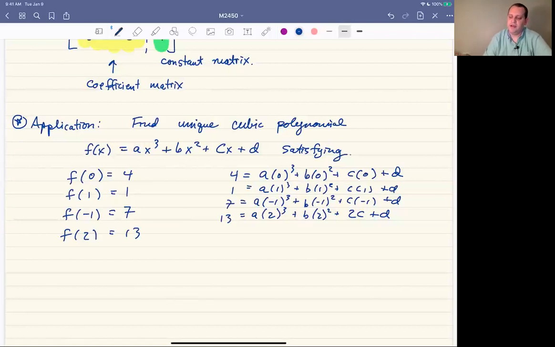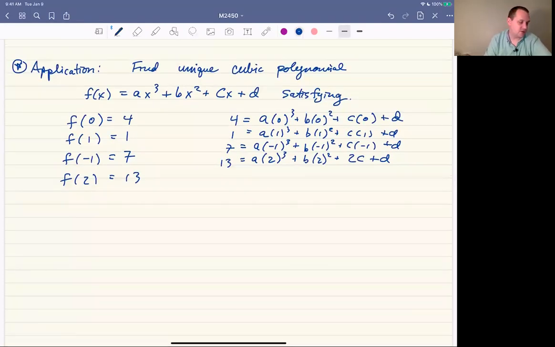Yeah, and so what's going to happen is we have 4 equations and 4 unknowns. And so our equations are going to be, forget about the fact that this top equation is kind of silly, 0a plus 0b plus 0c plus d equals 4. 1a plus 1b plus 1c plus 1d equals 1.